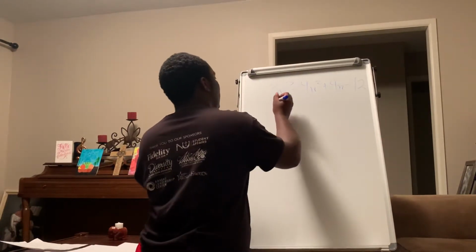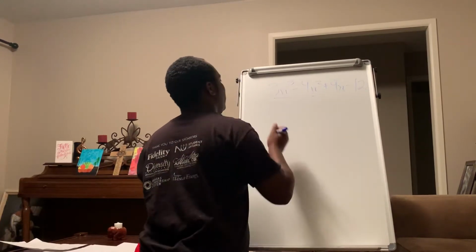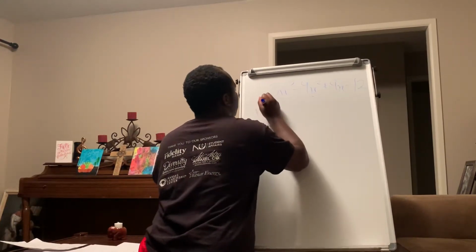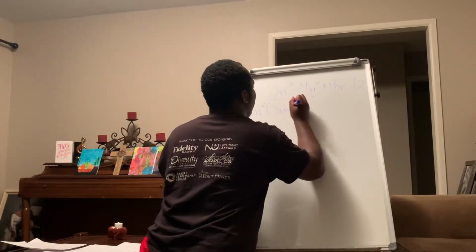Okay, so I'm gonna combine like terms here, and all I have in common is n squared. So I'll put n squared. Outside of that, I have 3n minus 4.